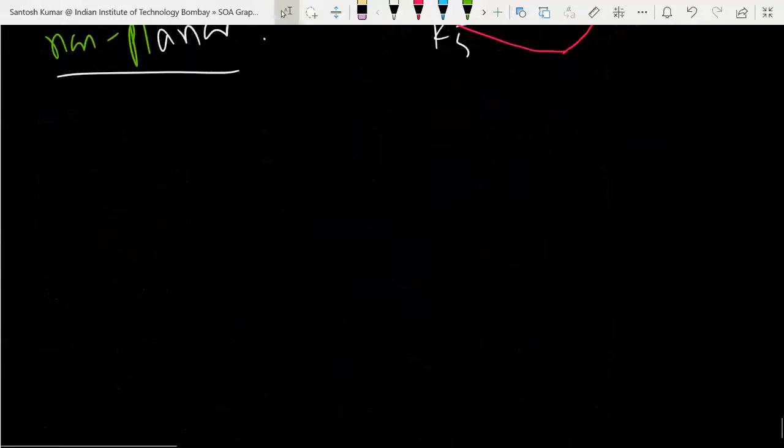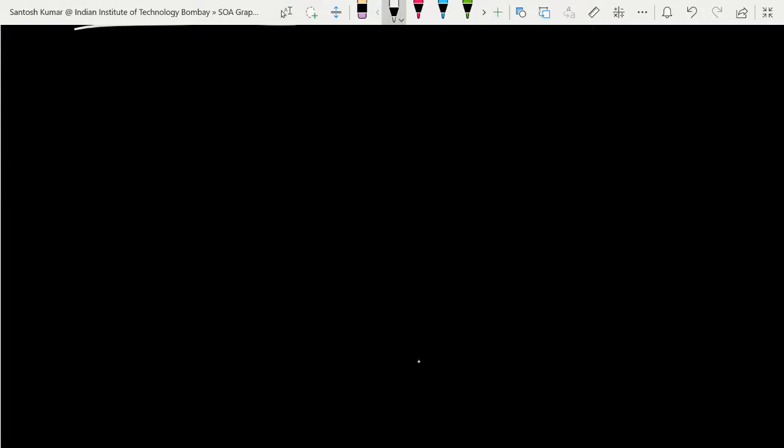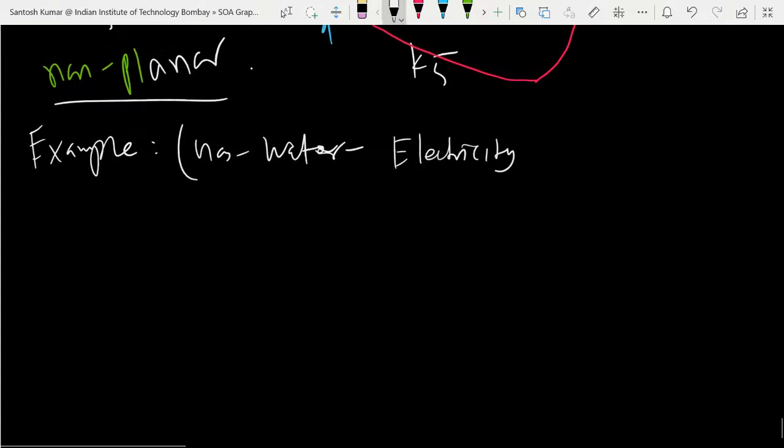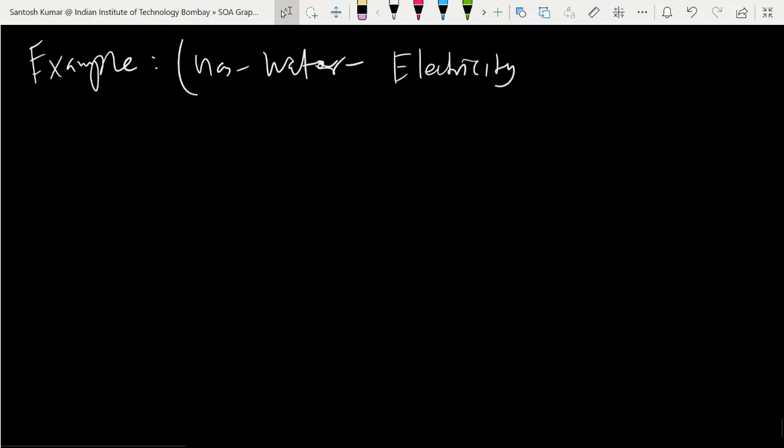Now I come to an example, a problem actually. This problem is called the gas, water, and electricity problem. There are three persons who have a problem with each other, and they want gas, water, and electricity supply to their houses.